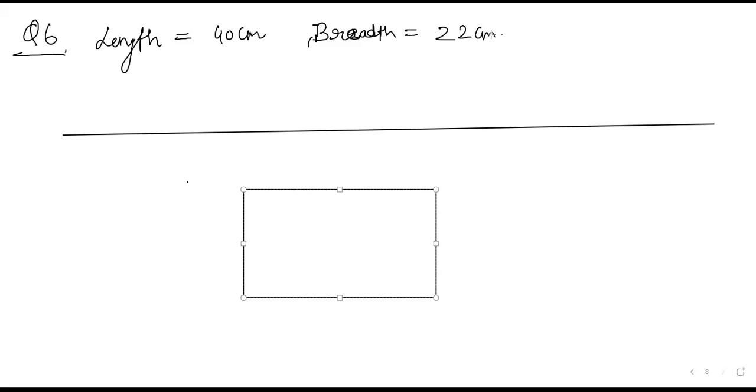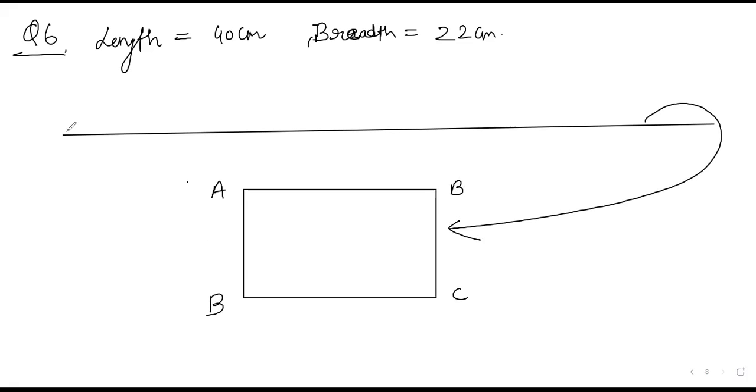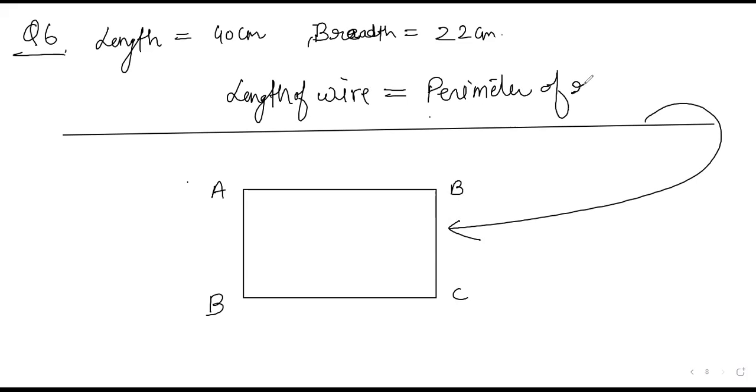Means the length of this wire is the same as the perimeter of this rectangle. Please try to listen, try to understand. This wire is rebent, or you can say the wire can be formed, in the form of a rectangle. So the length of wire is simply equal to the perimeter of the rectangle.